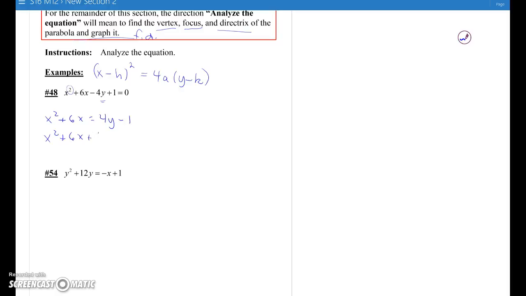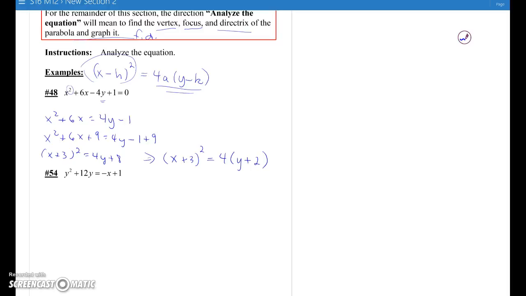So we need to add 9 to both sides to get a perfect square, which is our goal here. So I'm going to have (x plus 3) quantity squared equals 4y plus 8. But I want this side to look like some number 4a times the quantity (y minus k). So I'm going to just factor out a 4 and say this looks like 4 times (y plus 2). So I have (x plus 3) quantity squared equals 4 times (y plus 2).